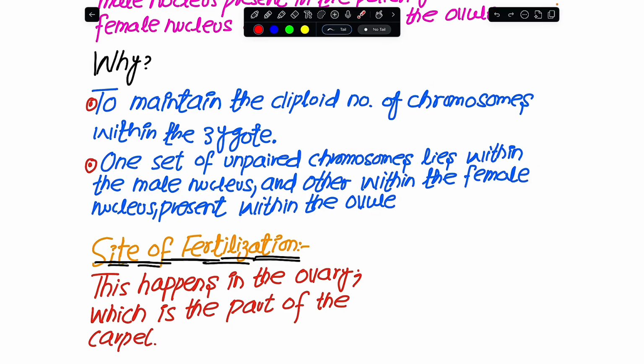We need to maintain them within the zygote. So one set of the unpaired chromosome that would be available within the male nucleus, that is within the pollen grain, and the other set of the unpaired chromosome that would be available within the female nucleus, and that is there in the ovule. So when they both would fuse, we would maintain the diploid number of chromosomes.